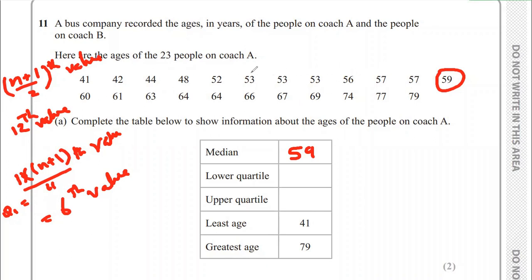If I look in the 11 values, 1, 2, 3, 4, 5, 6, this is in the middle because there are 5 values on this side and 5 values on this side. So my Q1 is 53 and my Q3, or upper quartile, if I look at all of the values above the median, the middle value will be 66.